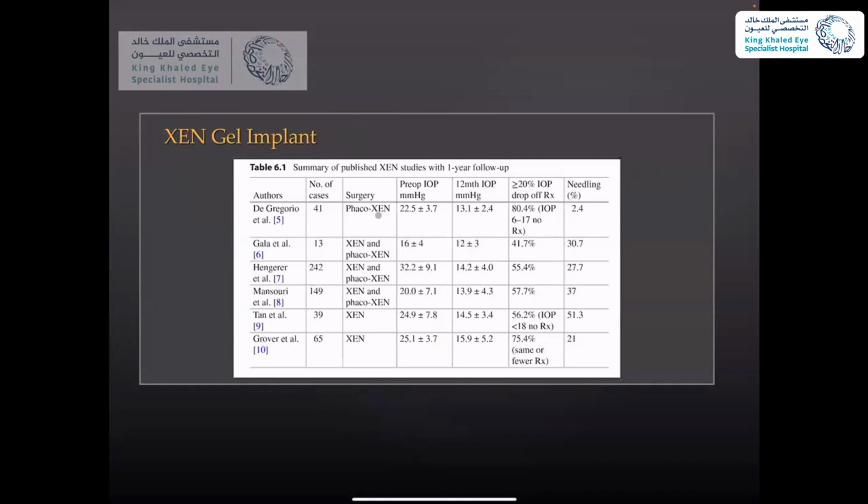As we mentioned, MIGS usually gives you a minimal IOP-lowering effect, but with Xen, they promise to get IOPs lower and lower.